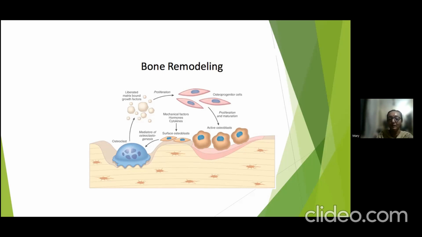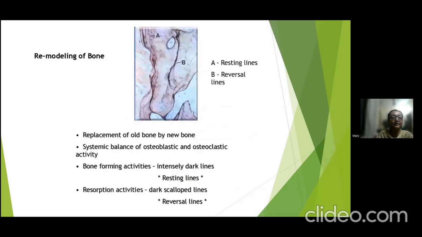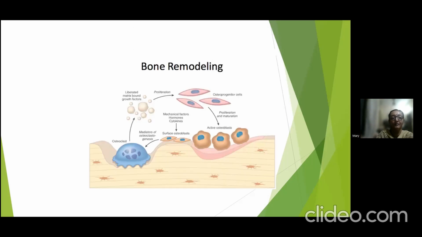So, according to 10K, there are a few steps involved in this bone remodeling. Initially there will be attachment of osteoclast to the mineralized surface of bone, which is followed by creation of a sealed acidic environment through the action of a proton pump, which demineralizes the bone and then exposes the organic matrix.